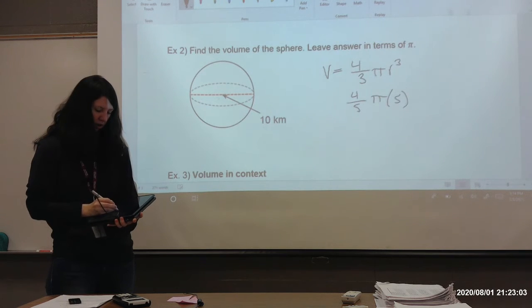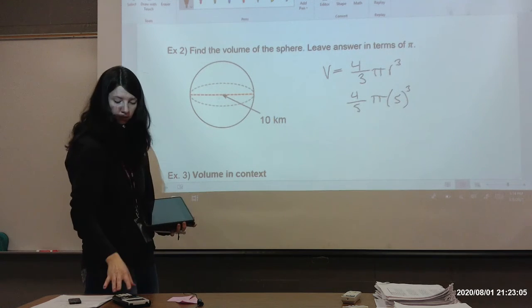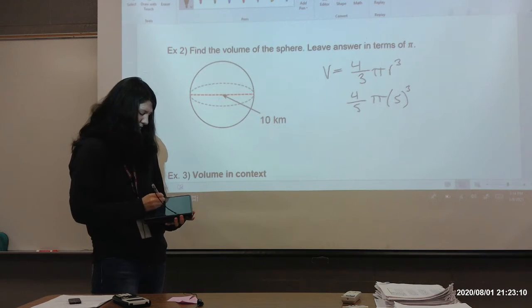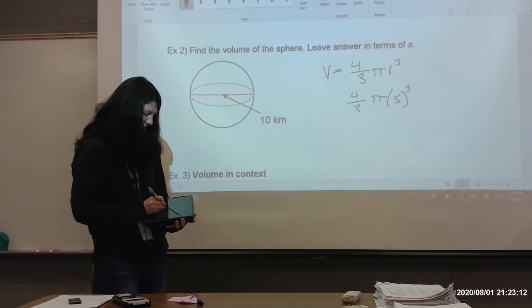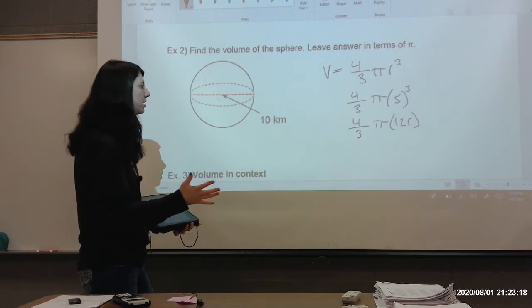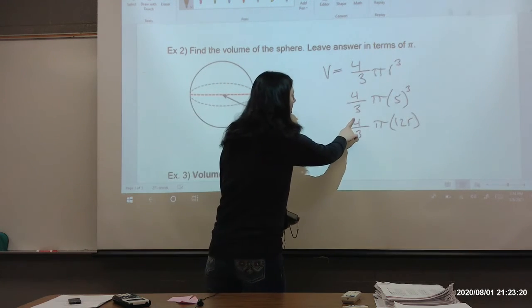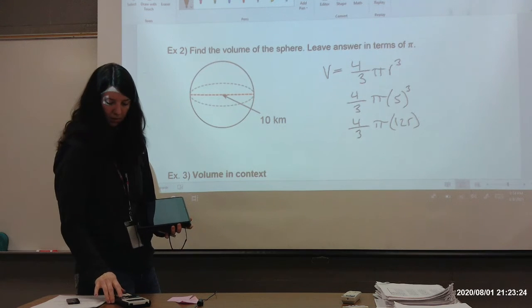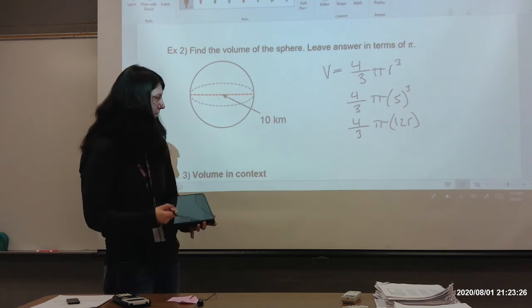So 5 cubed. In my calculator, I'm going to do 5 cubed, which gives you 125. Oops, sorry, I put a 5 down here. That should be a 3. So now I have 4/3 times pi times 125. I don't want to round it at all, so what I'm going to do is multiply 4 times 125. It is not divisible by 3, so I'm going to leave it as a fraction.